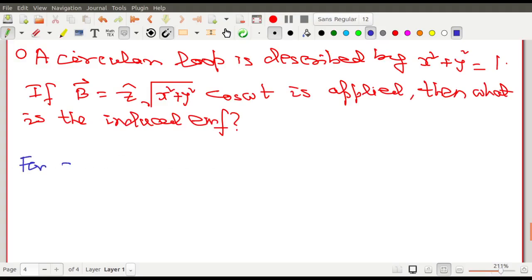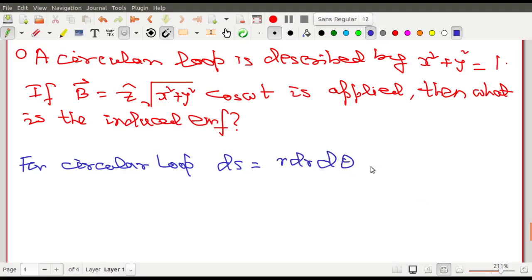For a circular loop you have to write that ds is equal to r dr d theta.